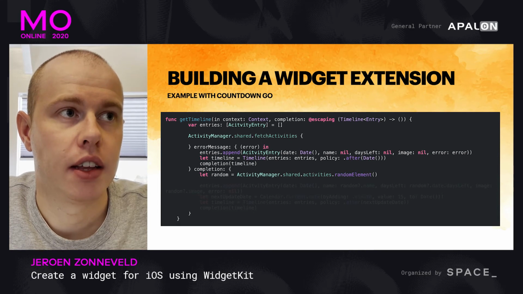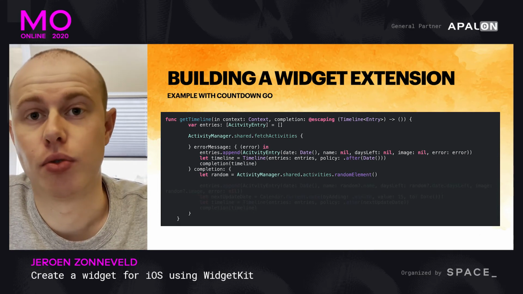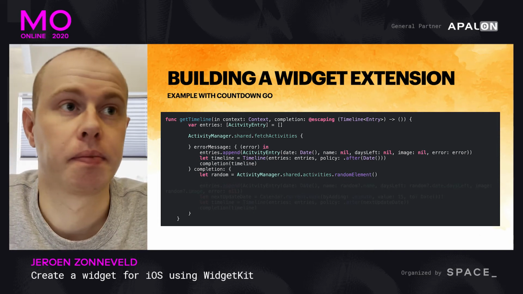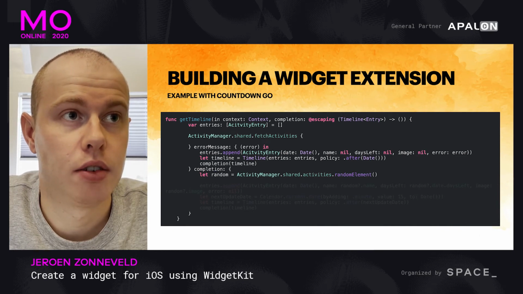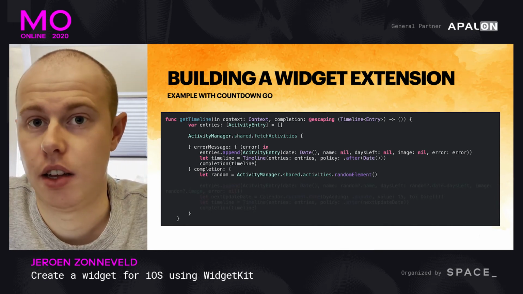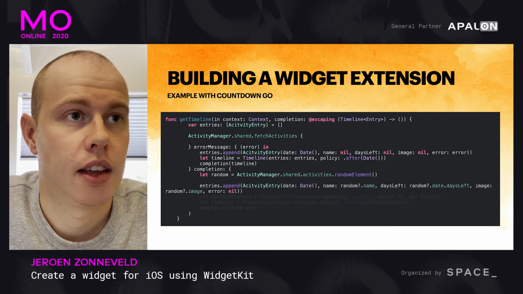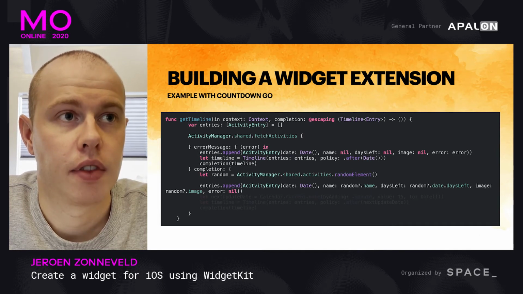If I have the activities, I don't want to show an error to the user, but show their activity. In that case, I will pick a random activity from my activity array, and then add that activity to the entries list.